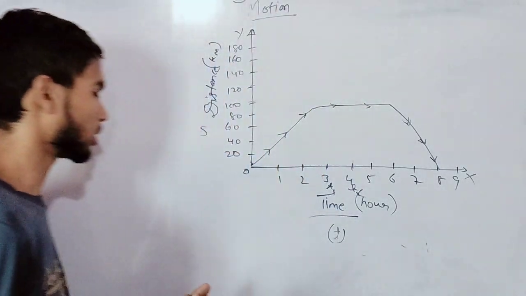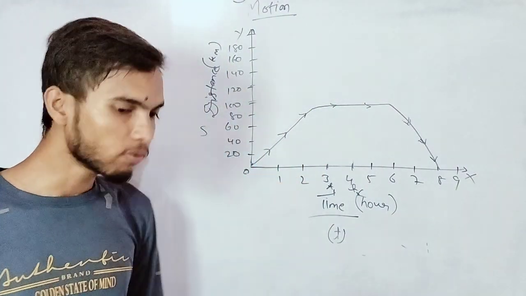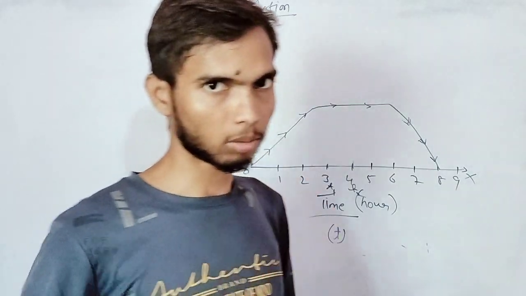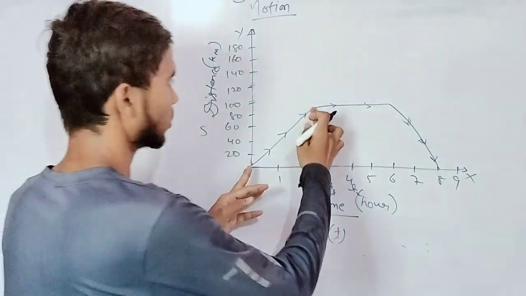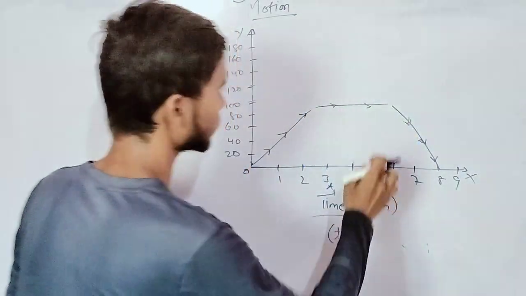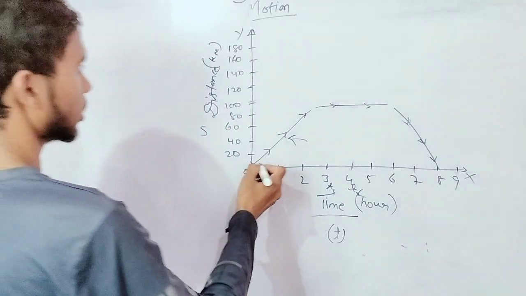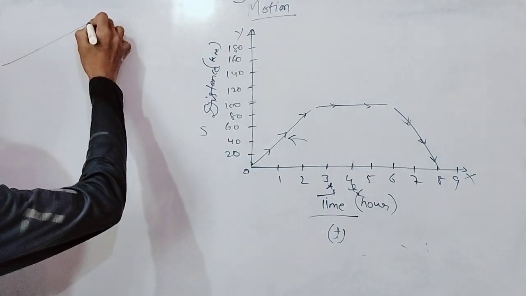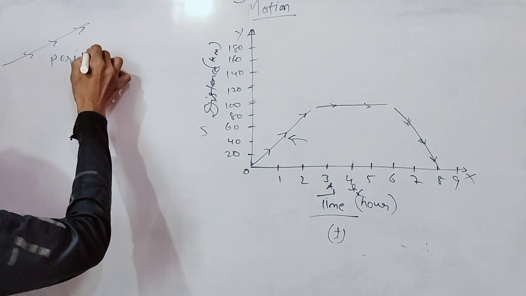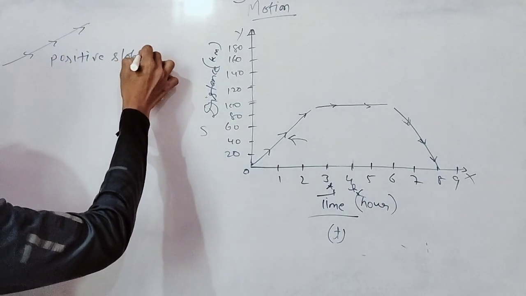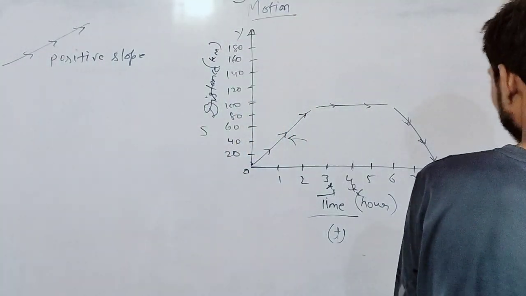Now you are clear to say that it is increasing from here till here. So you can say this is a positive slope, because the line is increasing.